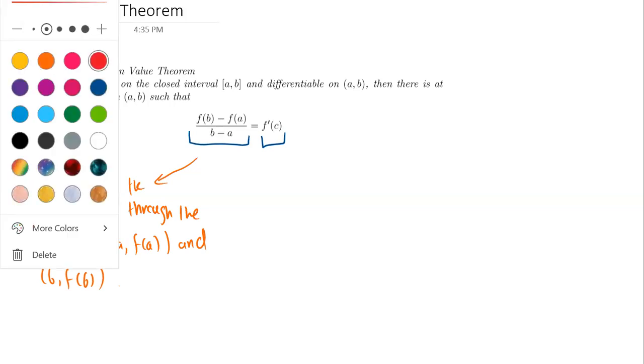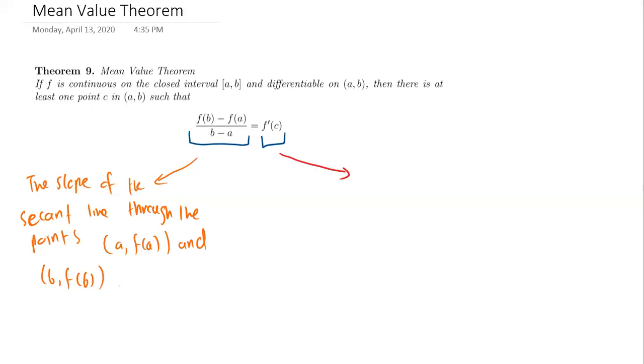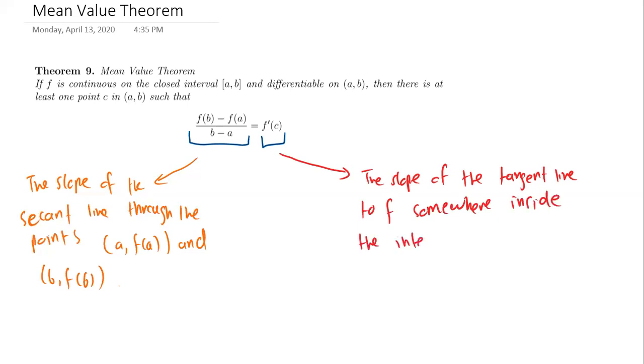This is the slope of the tangent line to f somewhere inside the interval (a, b). So we can always find an input inside the interval (a, b) such that the slope of the tangent line to the graph equals the slope of the secant line going through the endpoints. Word-wise, that's what it means.